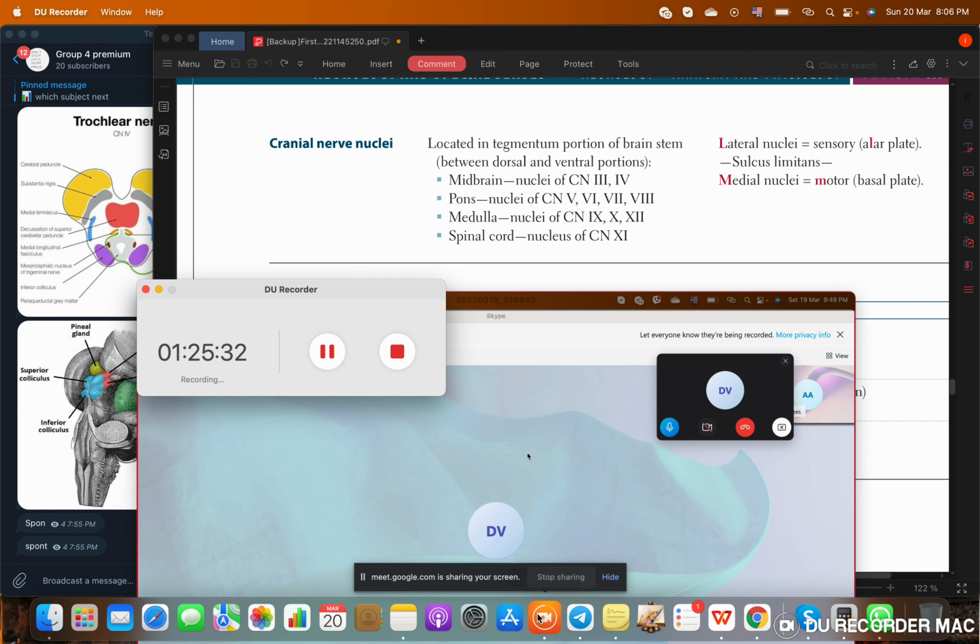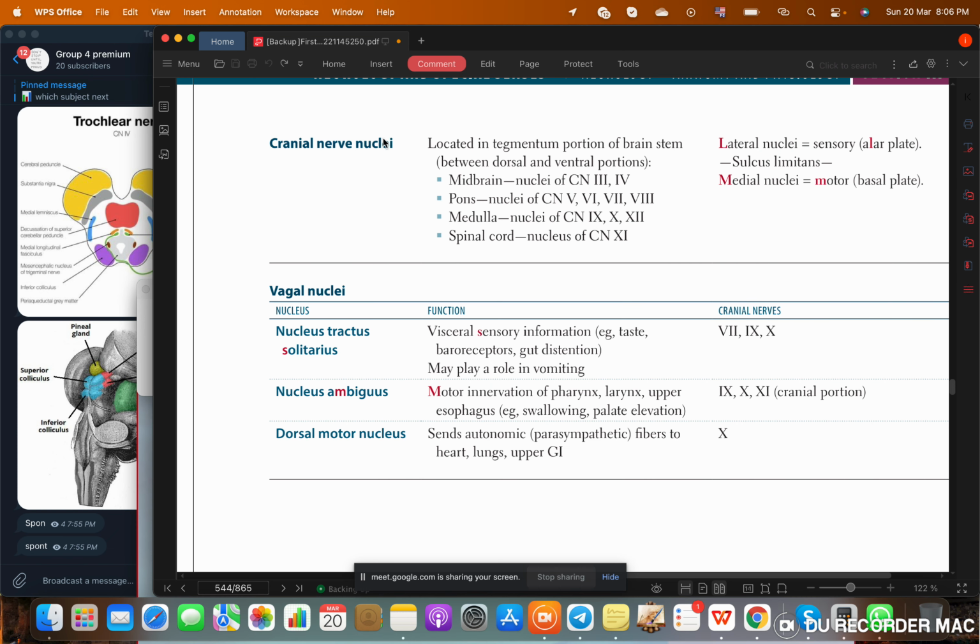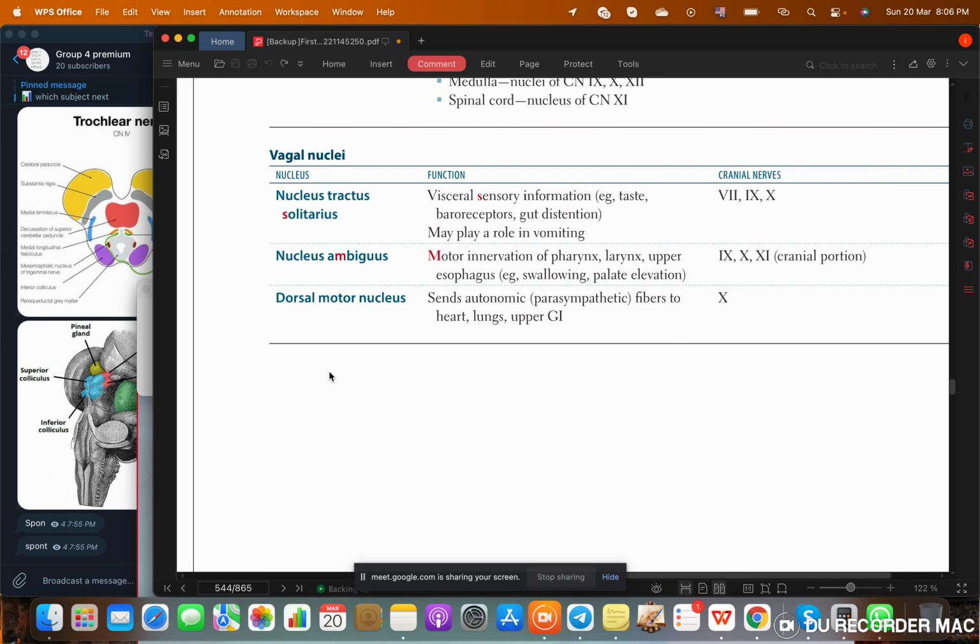Okay, cranial nerve nuclei. The definition is, it's a collection of the bodies of neurons. Guys, if you have something like this, look, this is the body of neurons. All of these can collect together to form this.